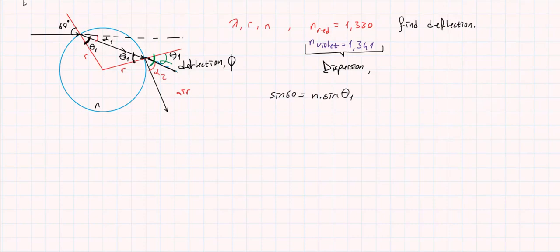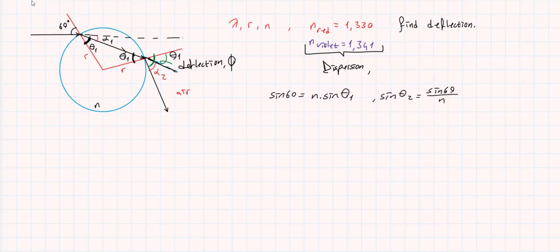As you can see, I made this angle theta 1, and since these lengths are both r, this angle will also be theta 1. I will use this in a minute. Now, for sine theta 1, I can say that it will be equal to sine 60 over n.